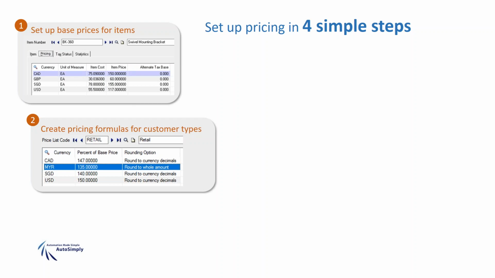Once you set up these formulas, the price for that item is calculated based on this formula. So you only set up one base price for the product, and then based on the formula, the selling price of that item is calculated and flows through automatically into the system.